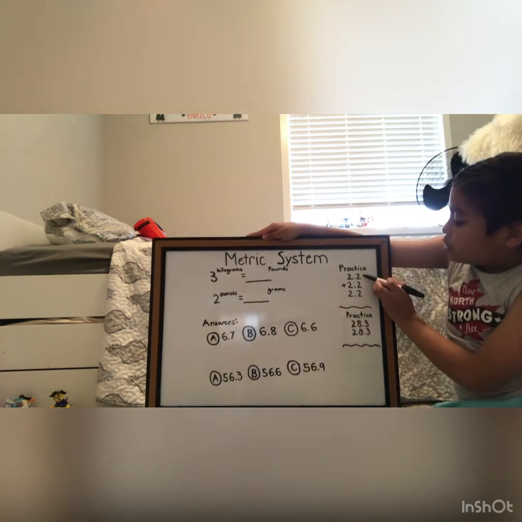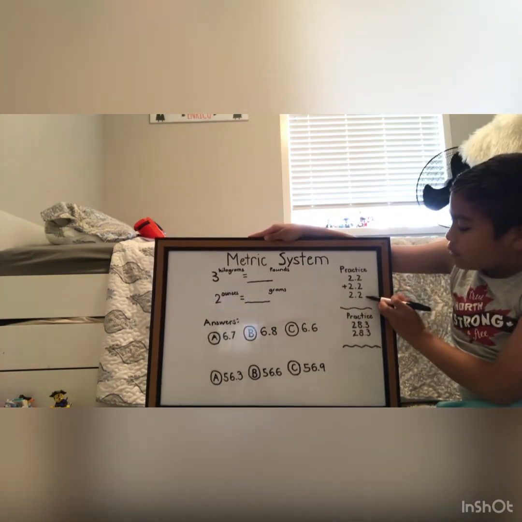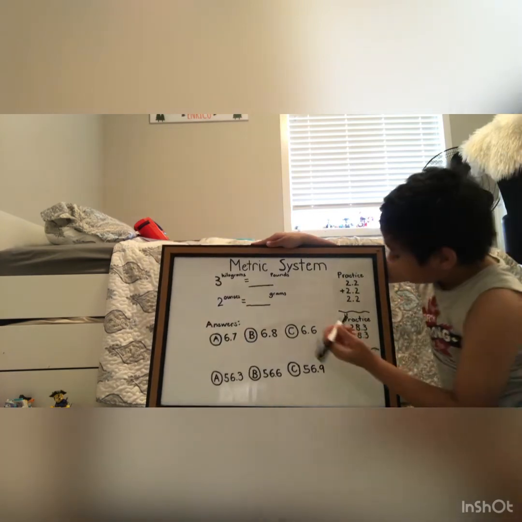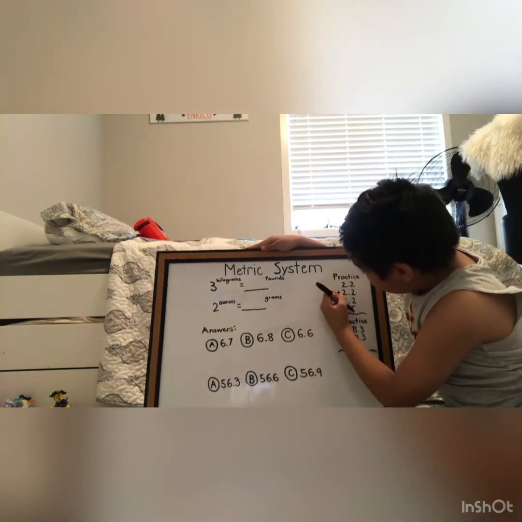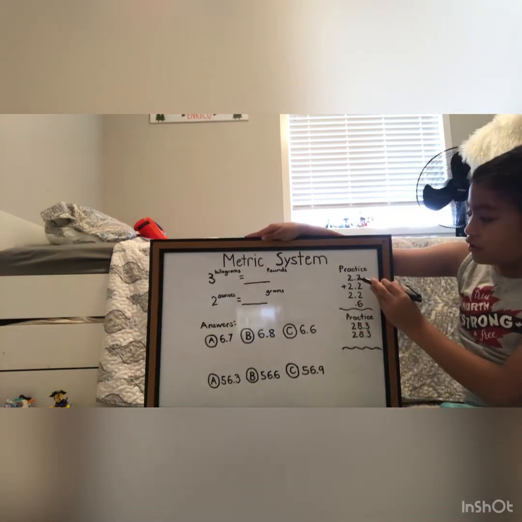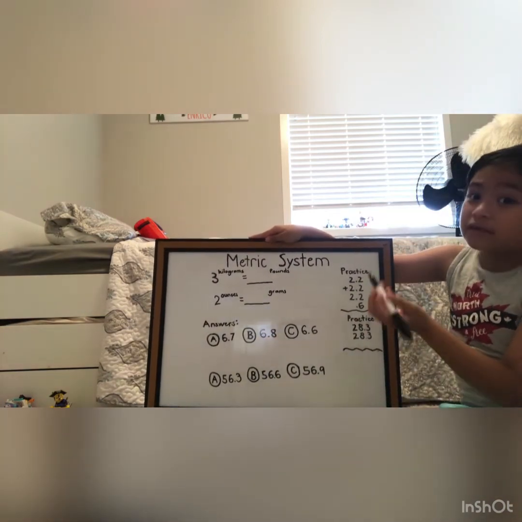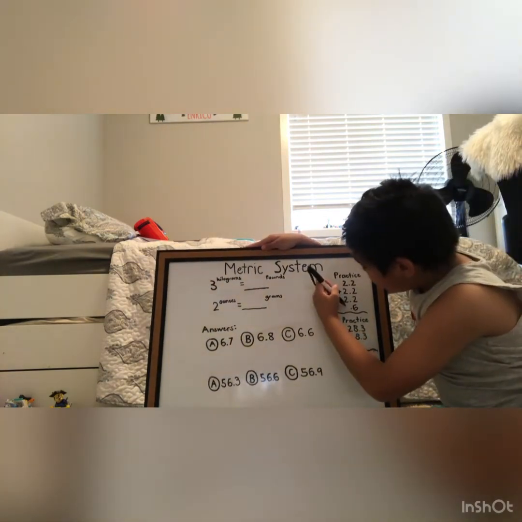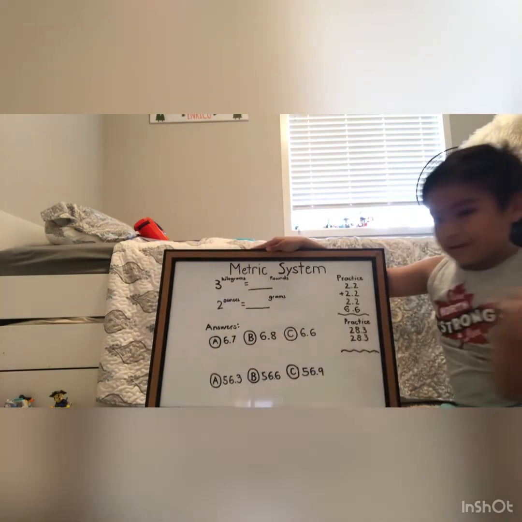So 2 plus 2 plus 2 equals 6. So I put a 6 here. 2 plus 2 plus 2 equals 6. So I put a 6. You see?